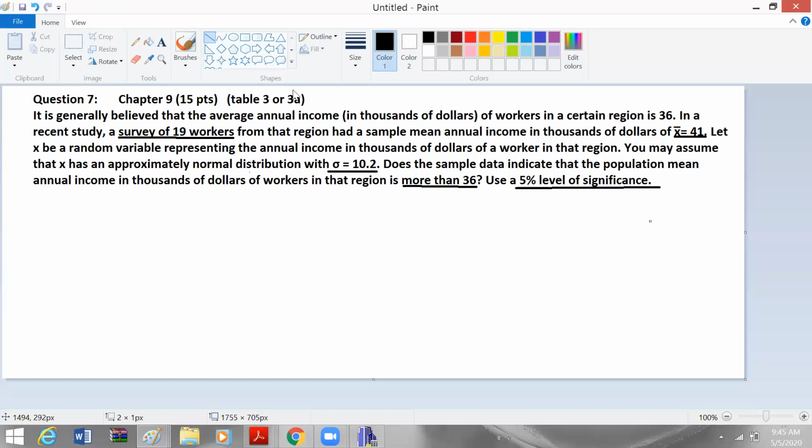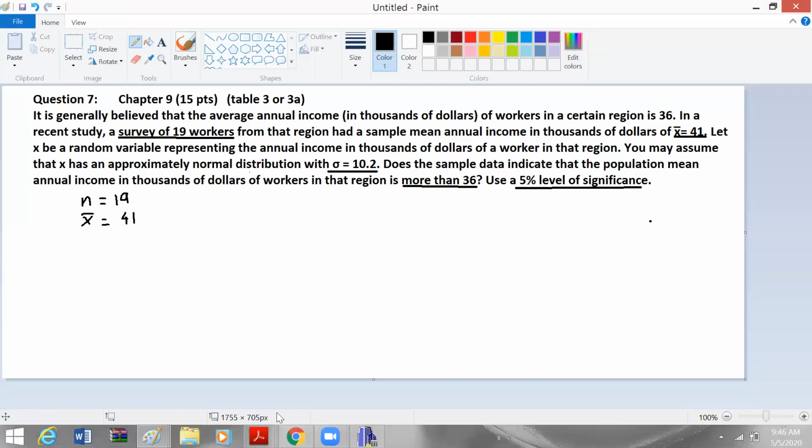For this type of question, you put down the information: n equals 19, x bar equals 41.